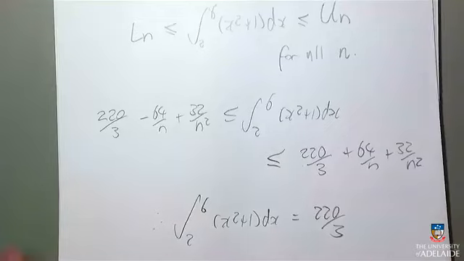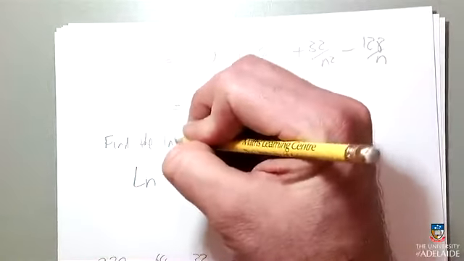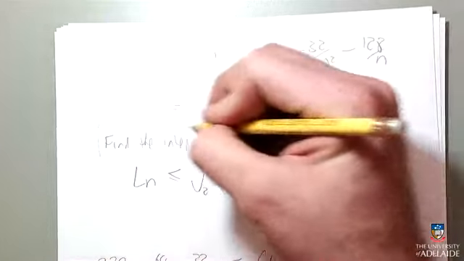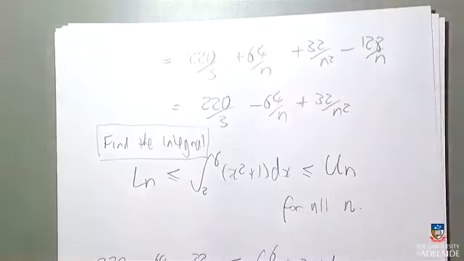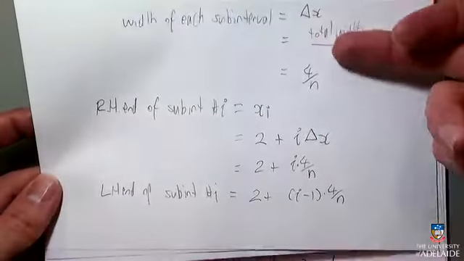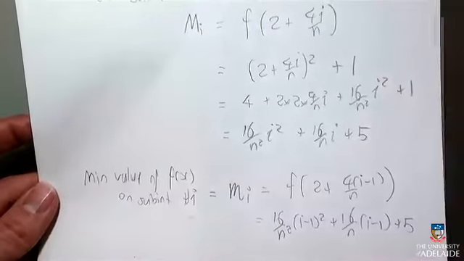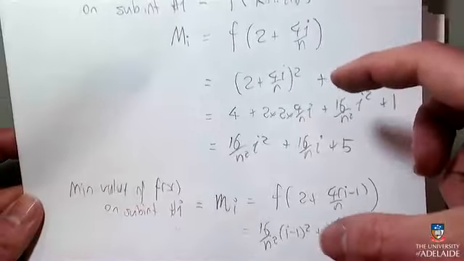So I guess the final answer, I really should have put a box here, find the integral. That's the heading of this last bit. So let's just see where we've been. We divided into n subintervals, which calculated the width and the left and right ends of each interval. Then we found where the maximum and minimum are, and what the maximum and minimum are.